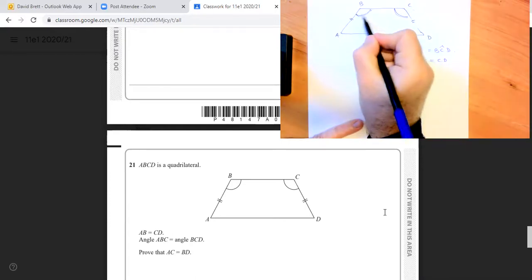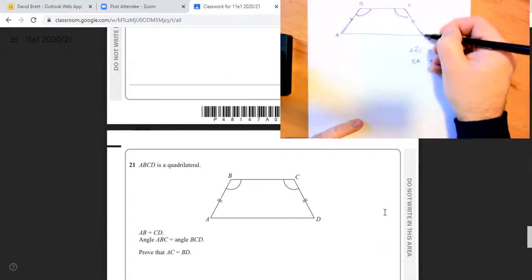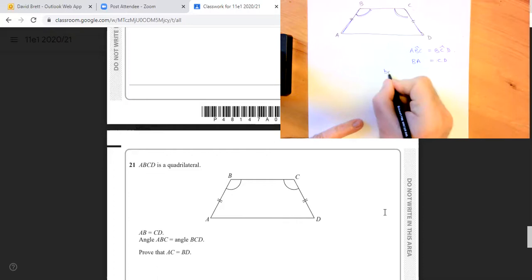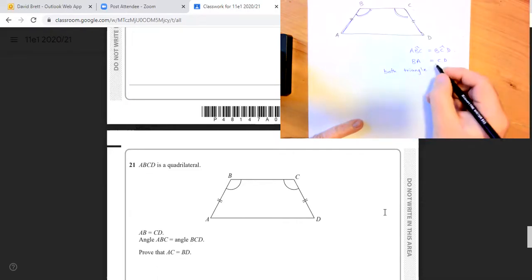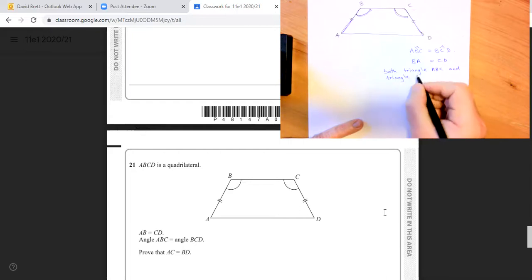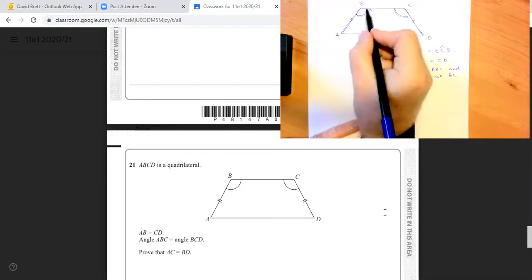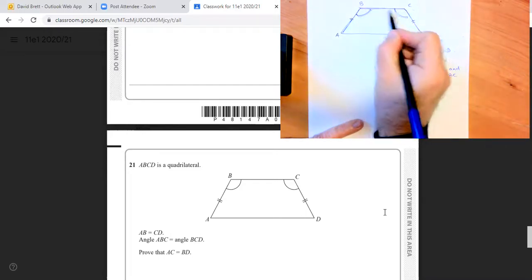So now we know that angle and those sides are the same. Both triangles ABC and BCD use BC, so this is common to both.